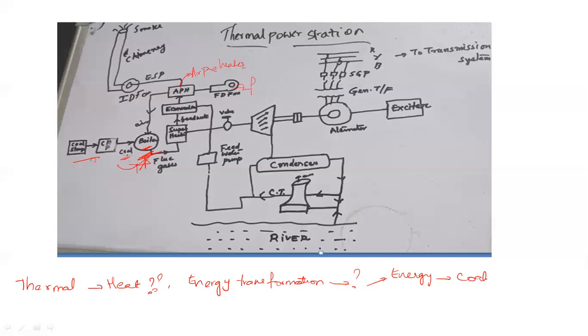Once you force the atmospheric air into the air preheater to raise its temperature a little, this air is admitted into the boiler. Coal in powder form and air for combustion is ignited in the boiler.